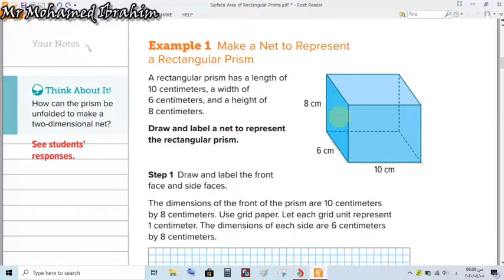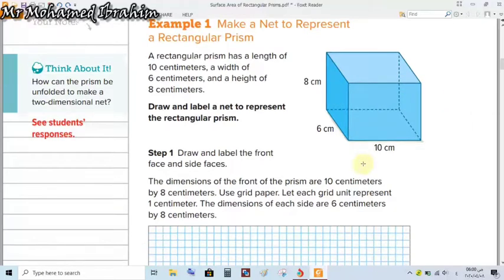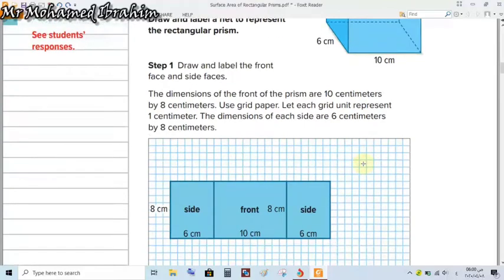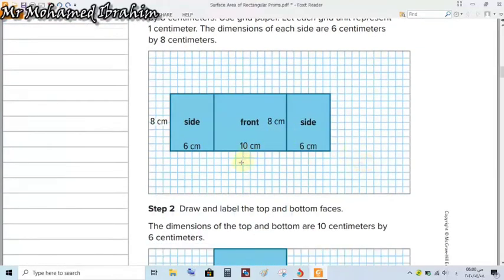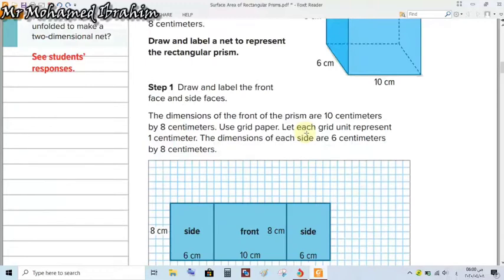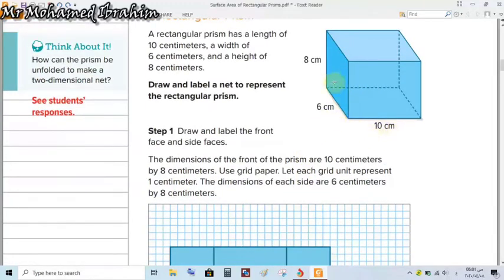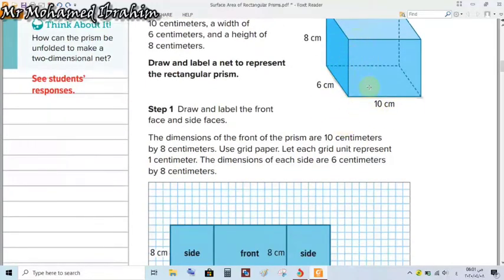If you find the sum of all of them, you will know the total surface area. So if we have 3 sides, like you see here, length, width, height, and you want to find the surface area, just multiply each pair together, times 2.